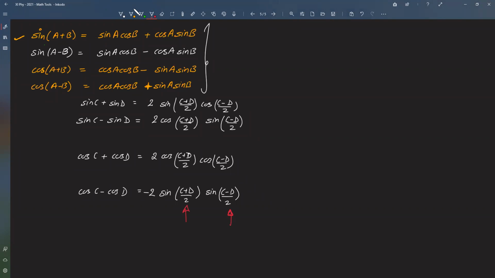And again, if it is sine plus sine or sine minus sine, you see here, it is sine cos, cos sine. So there are 2 different ratios. But if it is cos plus cos or cos minus cos, either there will be both cos or both sine. And there is a negative sign here, a minus sign, which you have to take care of.